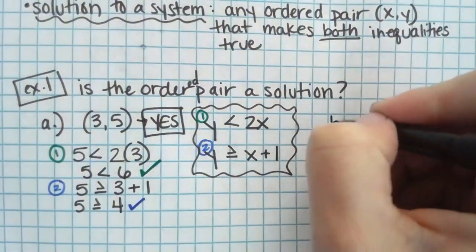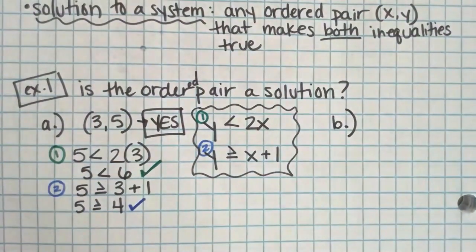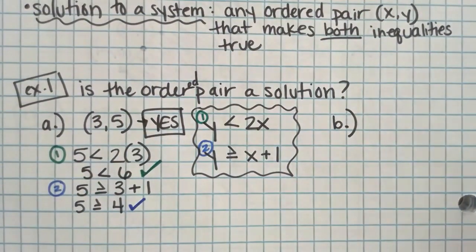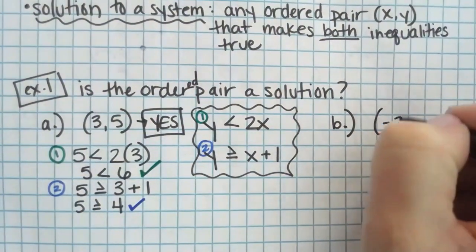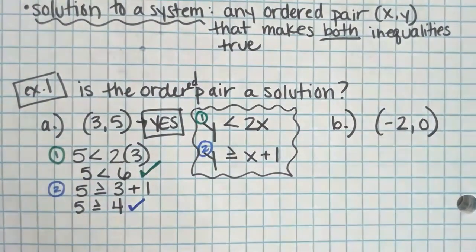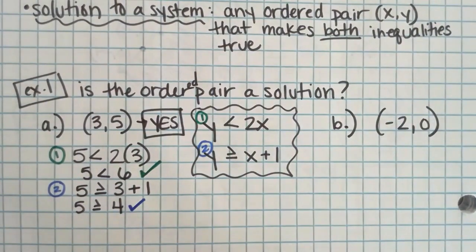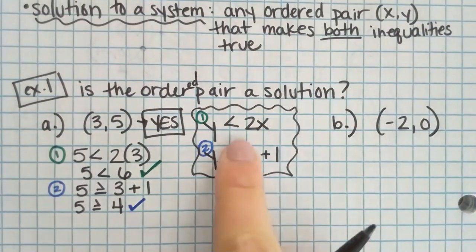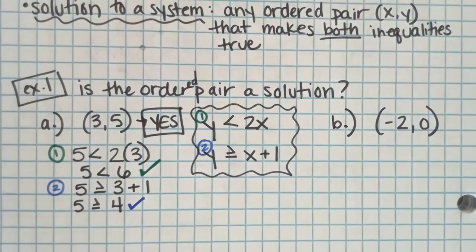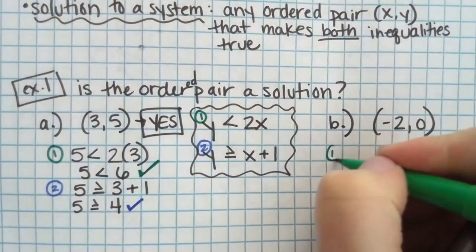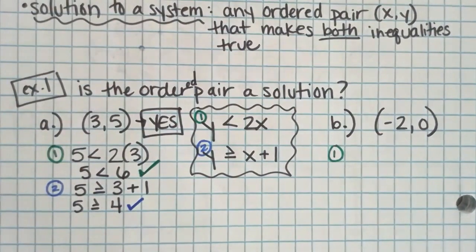Let's try another ordered pair. Is (-2, 0) a solution to the system? We're going to use the same 2 inequalities. So we're going to do the same thing, plug it in.